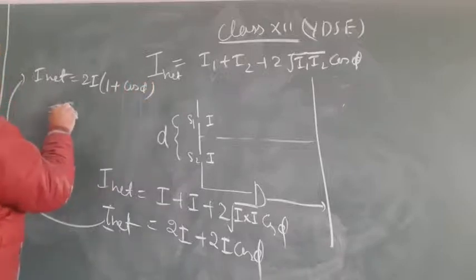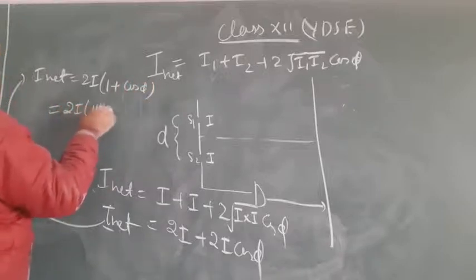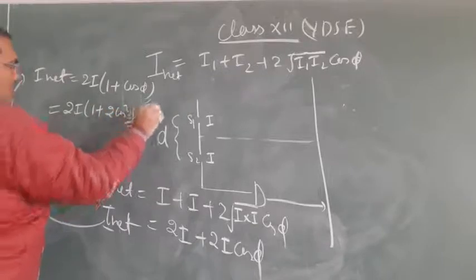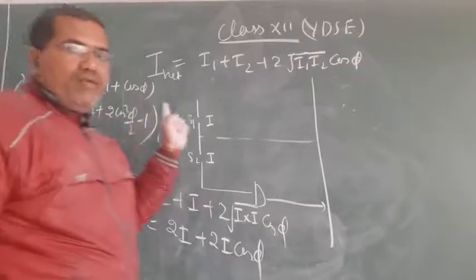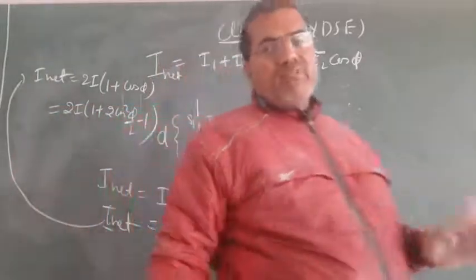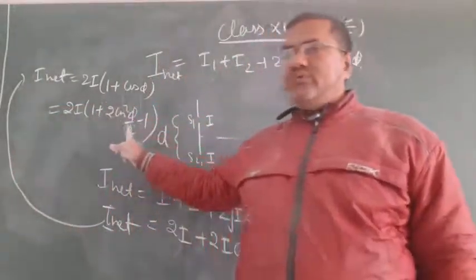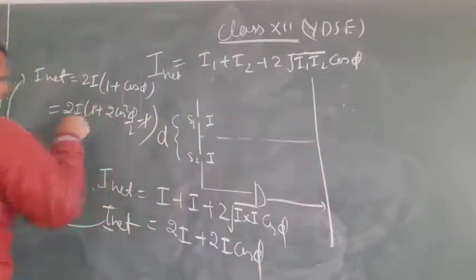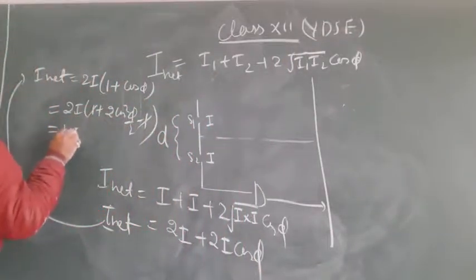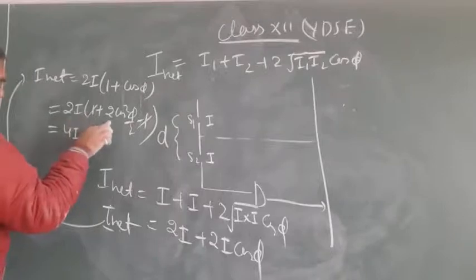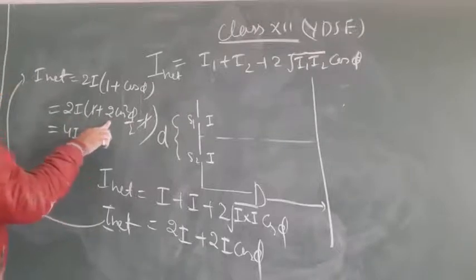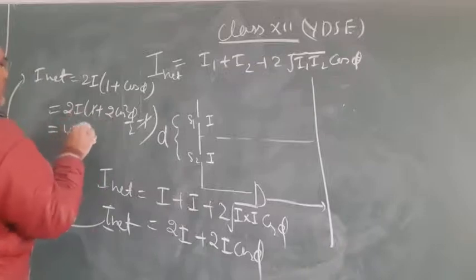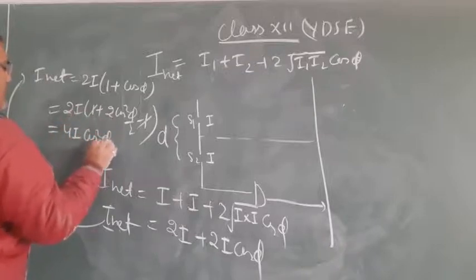As we know that cos 2 theta equals 2 cos square theta minus 1, so 1 plus cos phi will be 2 cos square phi by 2. So 1 is cancelled out, and 2 into 2 gives 4I cos square phi by 2.